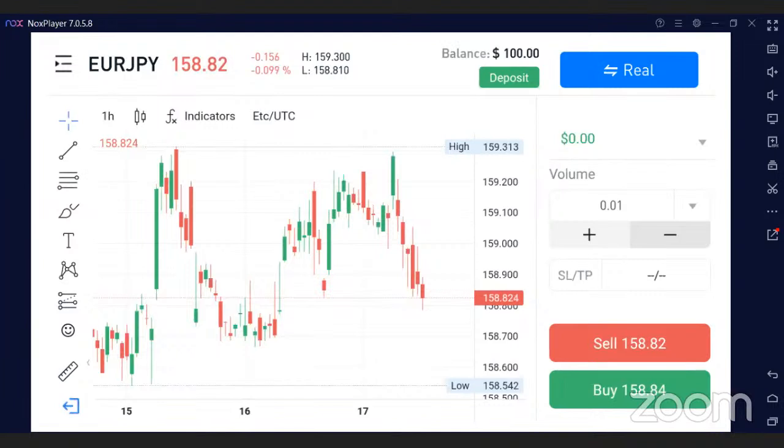Let me show you the trade that I took just now, in case you didn't get the chance to enter it when I was placing it on my own. Remember, it's a buy limit.